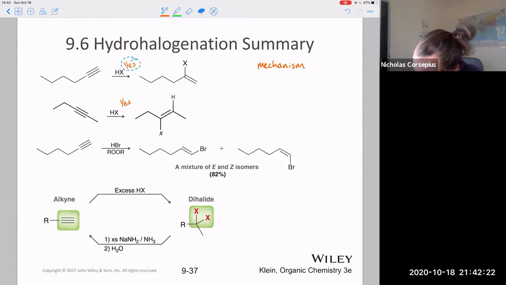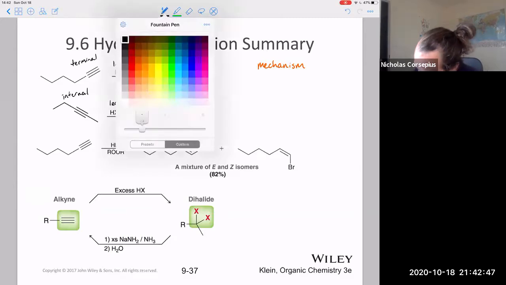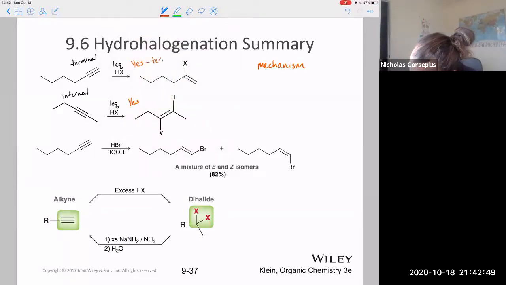To be clear, the difference between these two reactions: these are both just in the presence of some hydrohalogen, but this would be a terminal or an internal alkyne. You should know the mechanism, with just one equivalent of your hydrohalogen. Those are those termolecular reaction mechanisms. Again, a fancy way of saying that 3 species are involved.